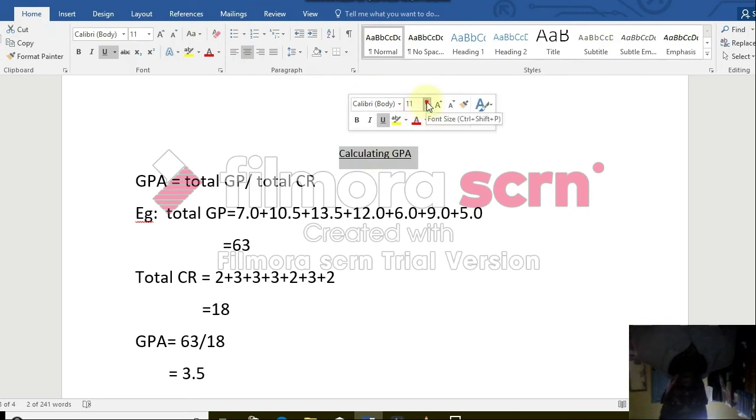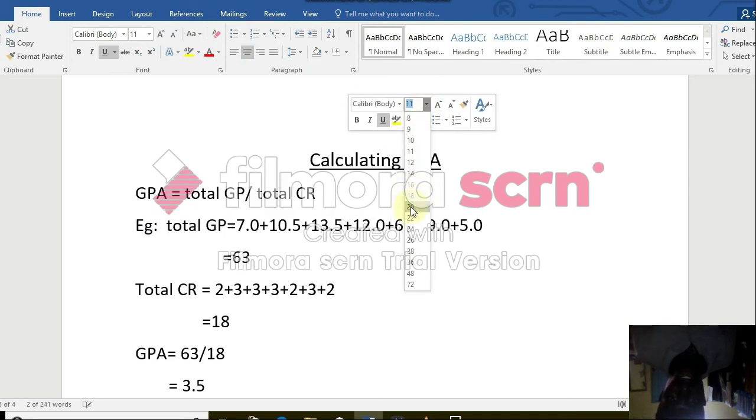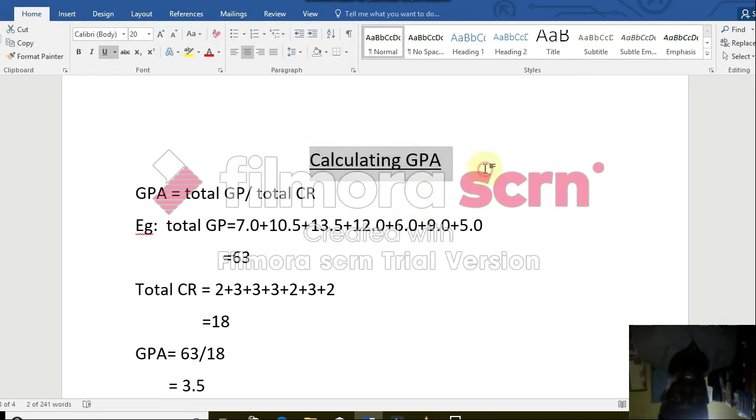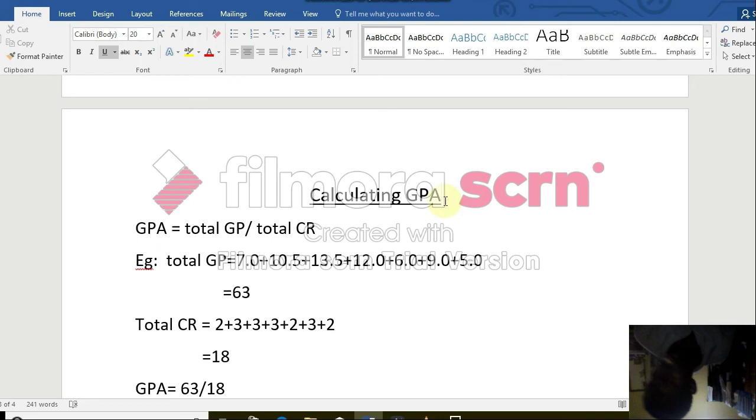Let me make this a little bit bigger so that we can see everything clearly. Looking at how to calculate the GPA, it is the total grade points divided by the total credit hours.